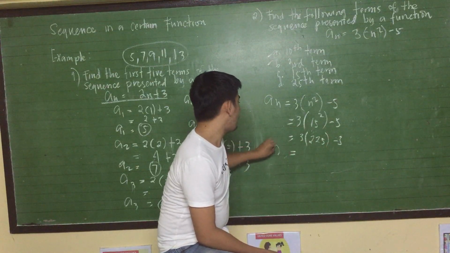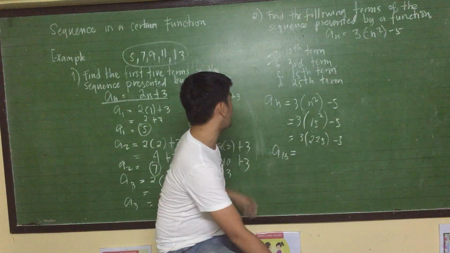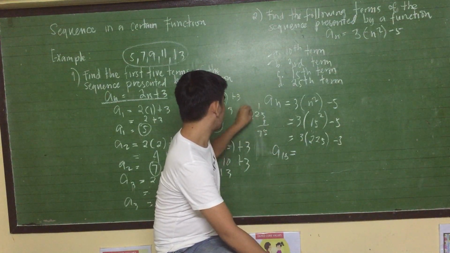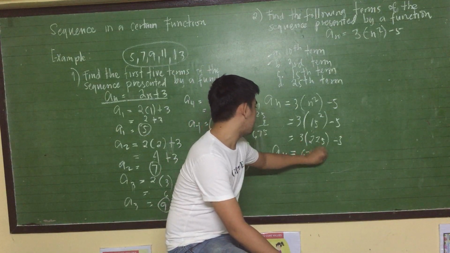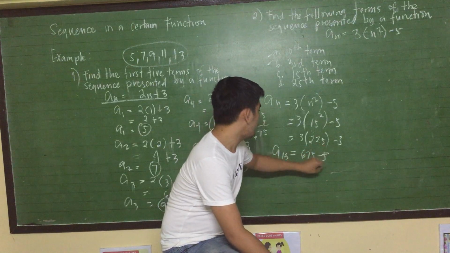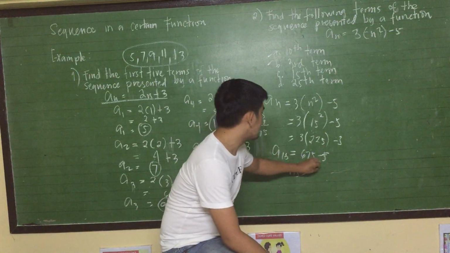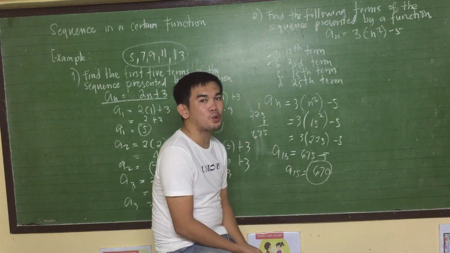So a sub 15 is 3 times 225, which is 675, minus 5. Therefore, our a sub 15, or 15th term, is 670. Okay, got it?